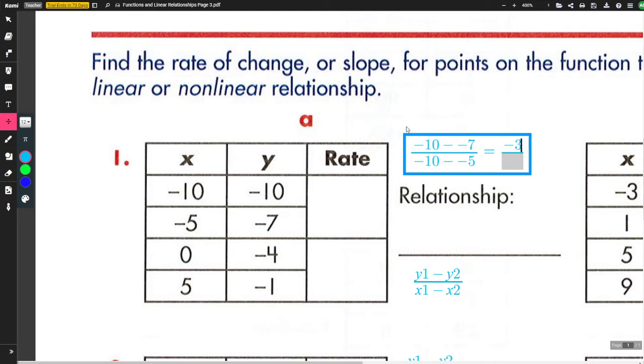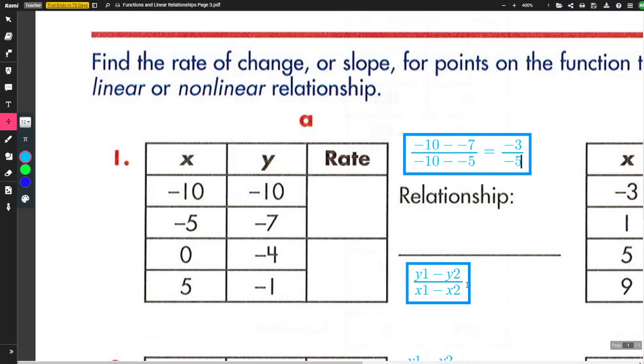Because we're minusing -7 from 10. We do have some manipulatives to help with this if you need to. But this is basically just saying 10 minus 7, and since they're both negative, it's going to be -3. Same here, we have 10 negatives, and we're taking away 5 of them. That means -5. So my ratio here is -3 over -5.